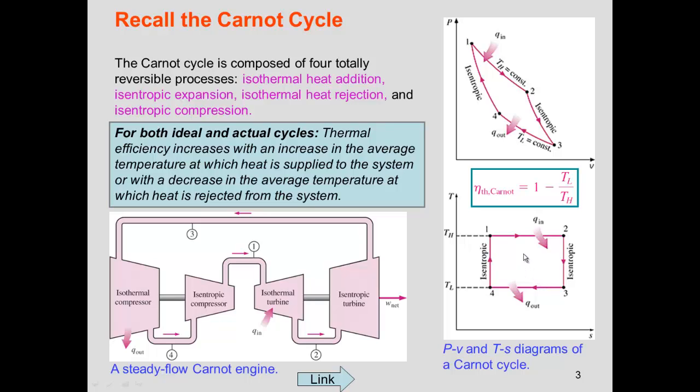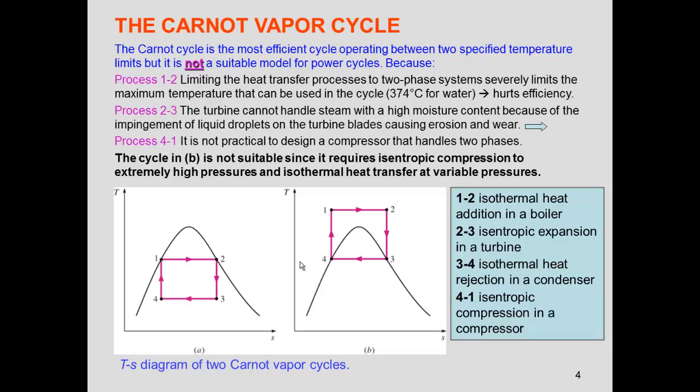So the net work is Q in minus Q out, and recall that efficiency is what we want, W net, divided by what we need to provide, Q in. So this is a Carnot cycle, and we would like to repeat this as closely as we can. We are going to try to implement it with vapor.